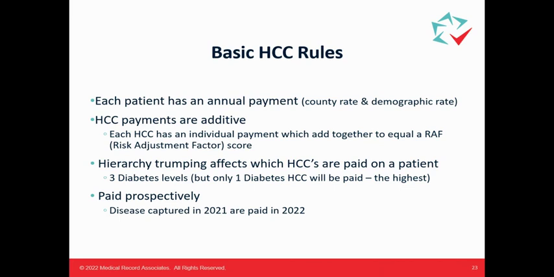Then for this patient, we have the trumping, the hierarchy that goes into play. The hierarchy trumping affects which HCCs are paid on a patient. Like if they have 3 diabetes levels, they will only be paid on the highest diabetes, okay? They're also paid prospectively. Diseases captured in 2021 are paid in 2022.